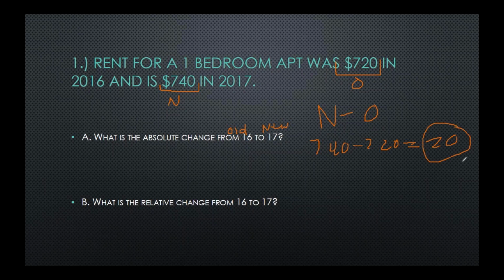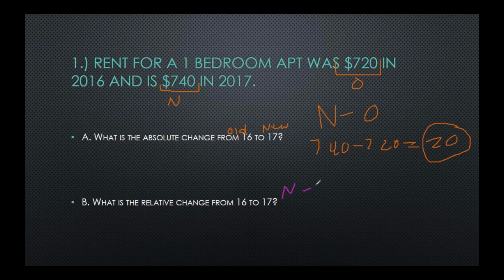And it's positive, which means there was an increase. You can see that, 720 to 740, the price increased. So we would say apartment rent increased by $20 from 2016 to 2017. No big deal.